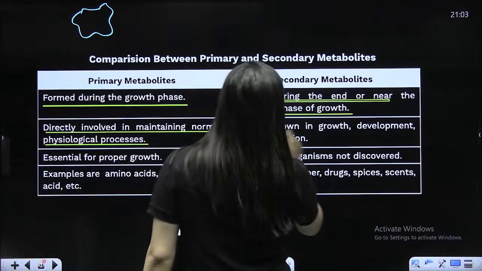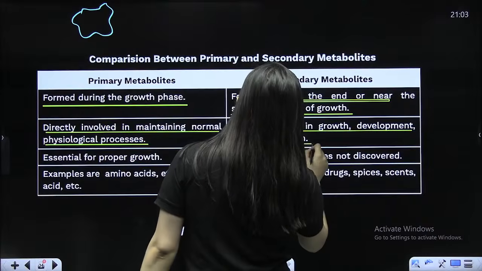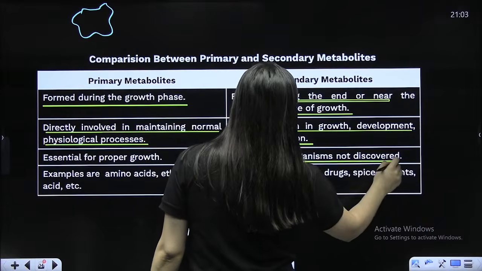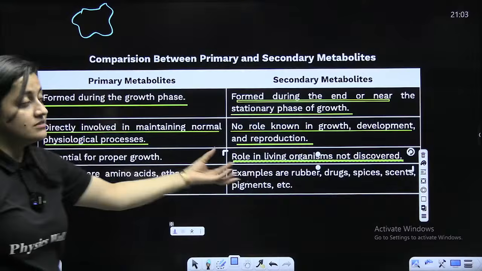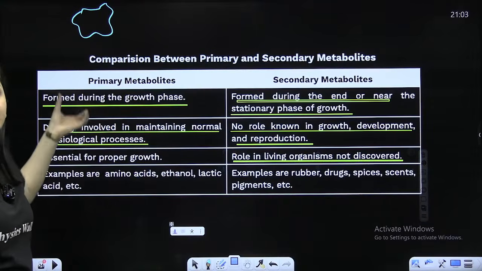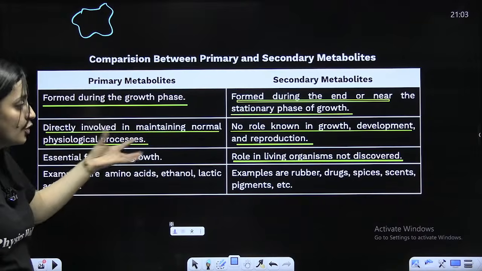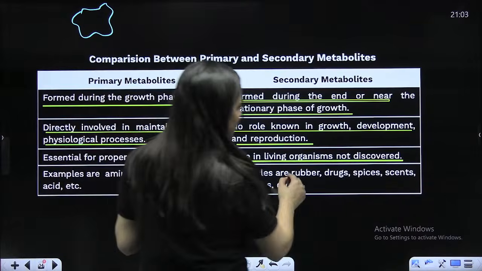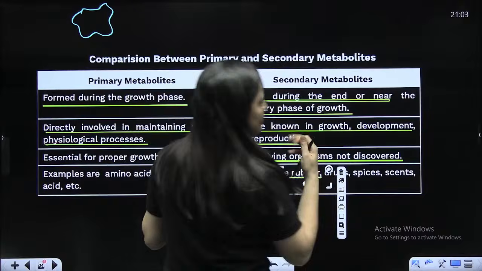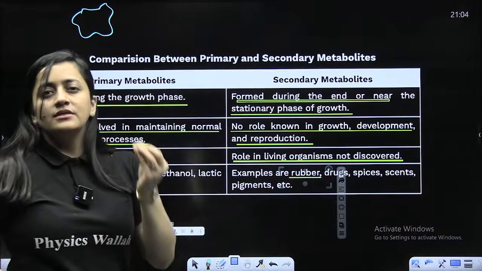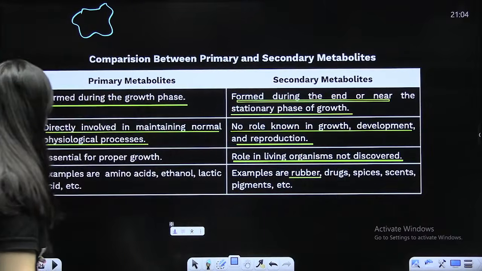But secondary metabolites have no known role in growth, development and reproduction. Their role in the living organism is not discovered. So amino acids and carbohydrates are primary metabolites, but rubber, drugs, spices, oils are all secondary metabolites.